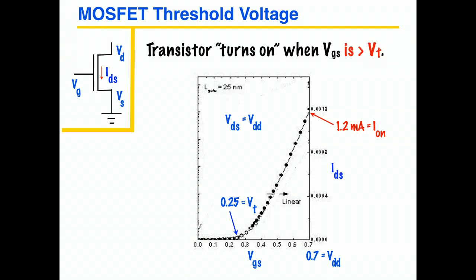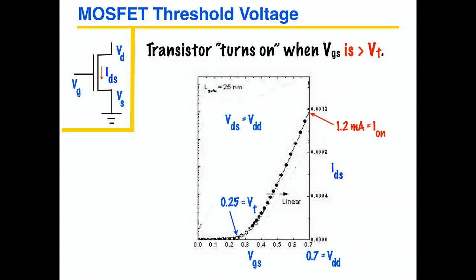We can look at what the current is when the transistor is fully on. For this measured one, it's about 1.2 milliamps. So this is the on current of the transistor. This is the maximum current when the transistor is on, when it has maximum voltage across it, VDD, and maximum voltage on the gate. The gate's charged all the way up to high voltage.